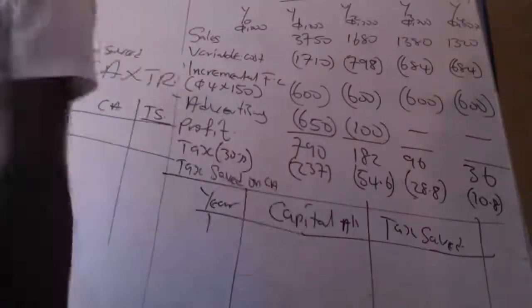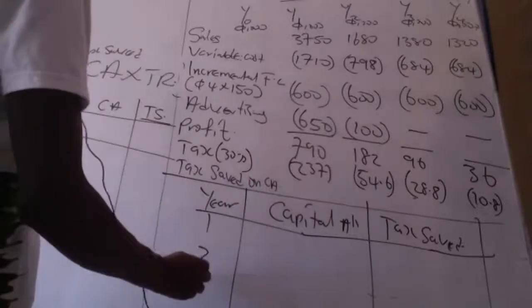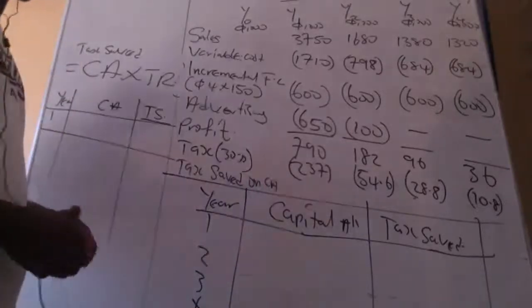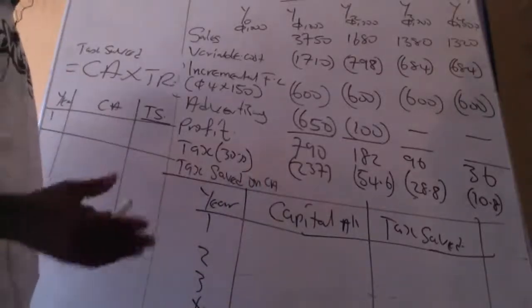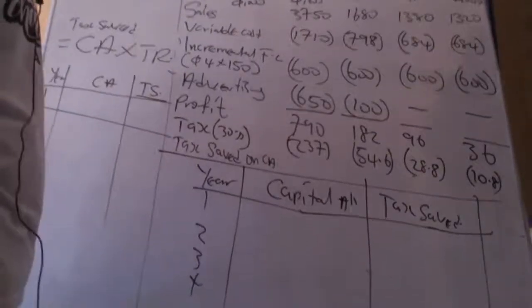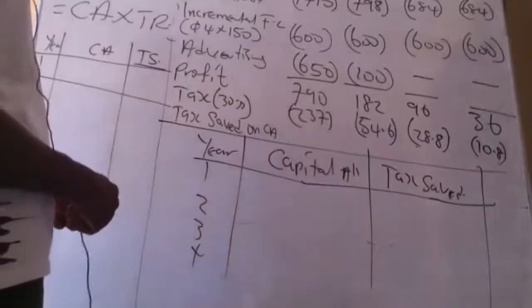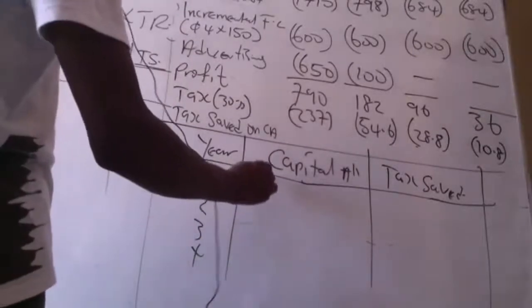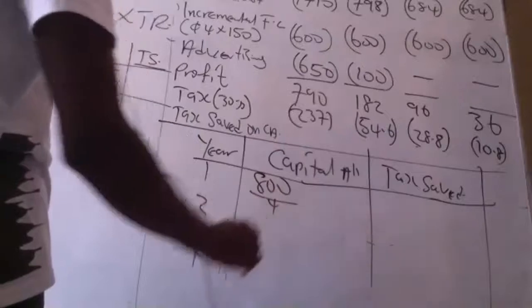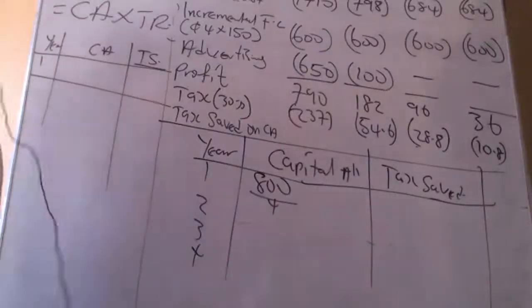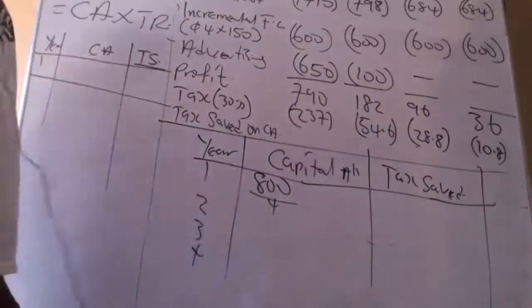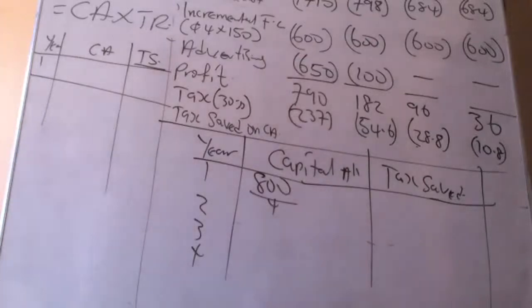Now, how are you going to calculate depreciation? Over 4 years. So year 1, year 2, year 3, year 4. They are using which method? Straight line. So straight line, what's the cost of the machine? The cost of the machine is 800,000. So depreciation will be 800,000 divided by 4 for the first year. If they don't give you the years, they'll give you rates, maybe 25%.